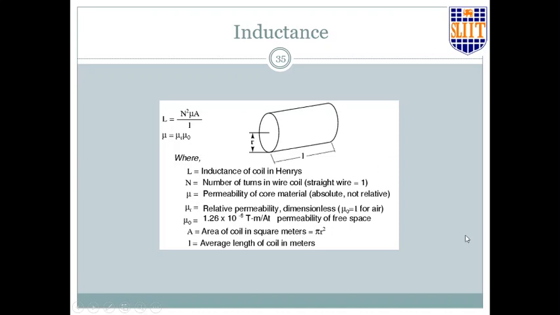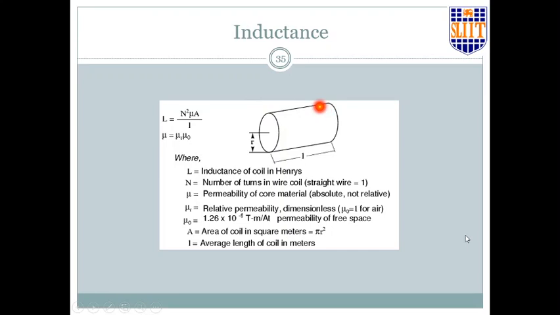So the inductance value is given by N squared, where N is the number of turns, that squared. Mu is the permeability, which is the magnetic constant of the material in between, right? And A is the cross-sectional area, L is the total length of the inductor.